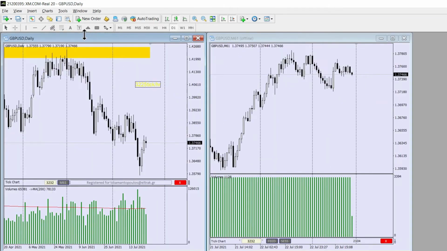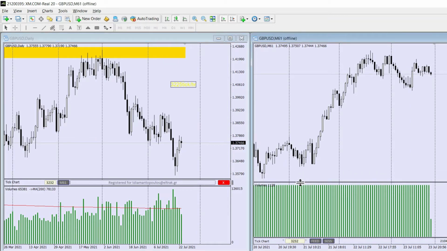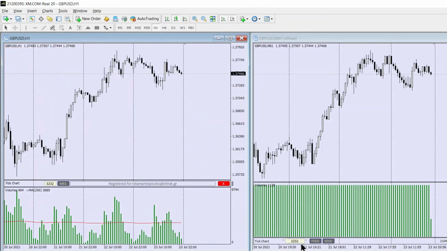Okay, let me take this off. Also this, we need to put it in 1 hour because here we have set up 1 hour ticks. So these are the two charts.